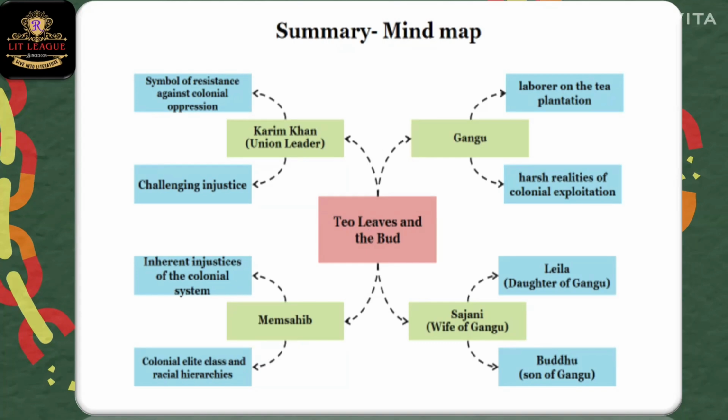Sajani dies of malaria, and Gangu, like other coolies, feels plantation life is but a progression from today's bad to the worse of tomorrow. Reggie, the assistant manager, out of lust, attempts to assault Leela as she is leisurely plucking tea leaves alone.